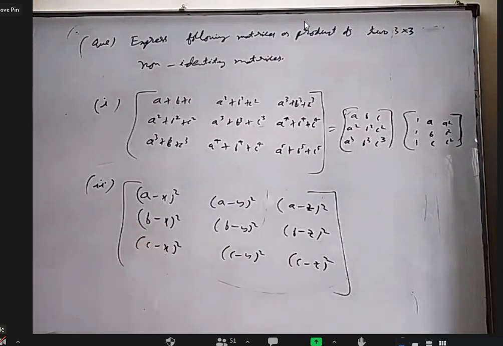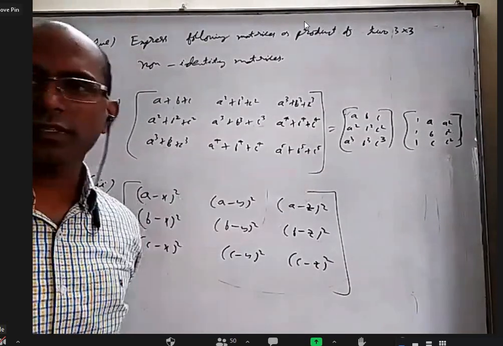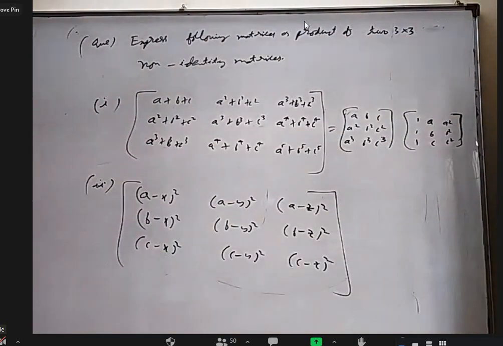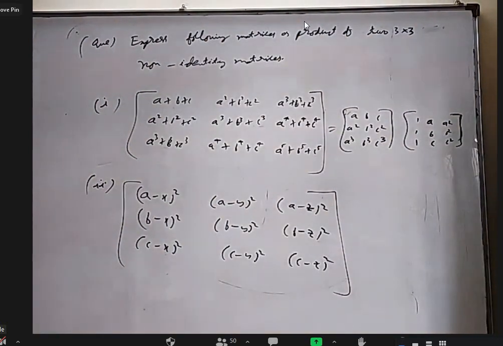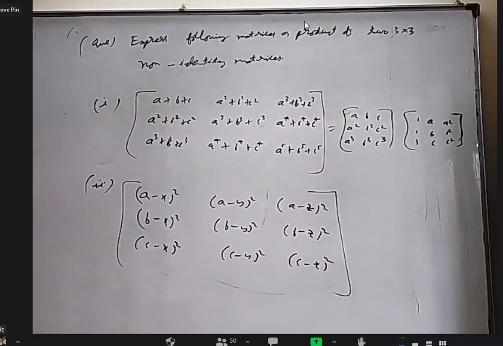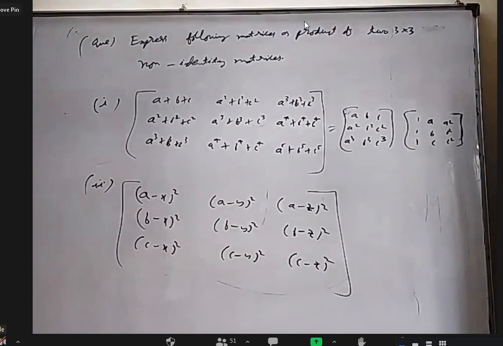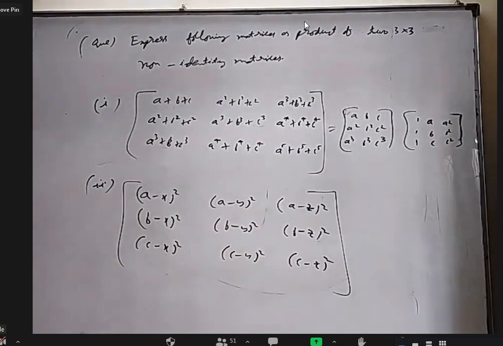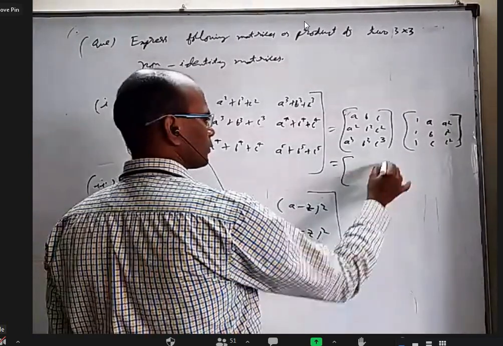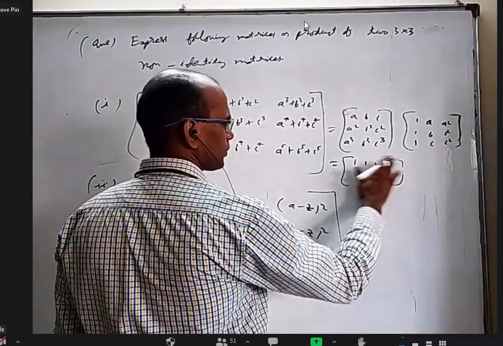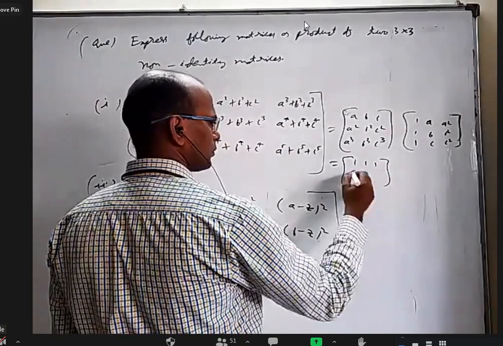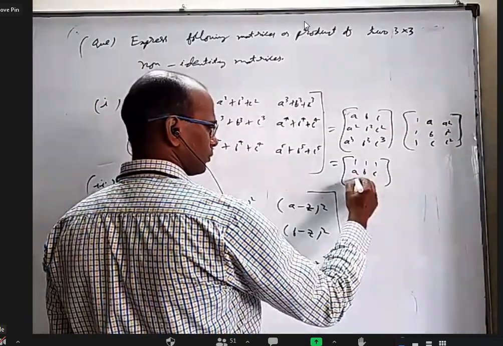Okay, anyone want to tell the answer for the second one? You are free. For the first one, if you want to tell a different answer, you are welcome. Yes, Sonika, you want to tell the second one or a different answer for the first one? First one, different answer. Okay, tell. First matrix in row-wise: 1, 1, 1; A, B, C; A square, B square, C square.